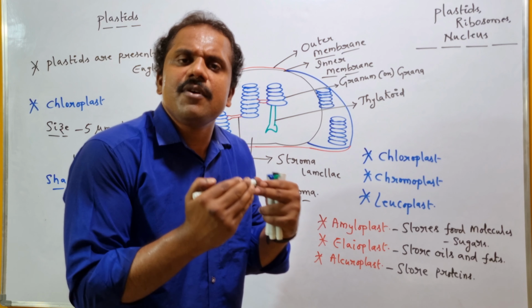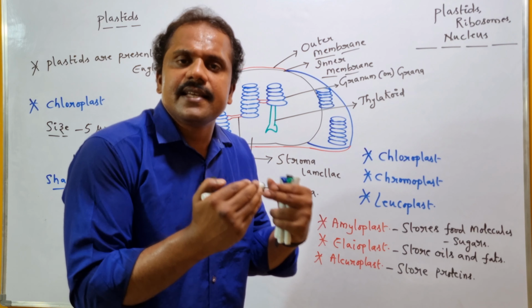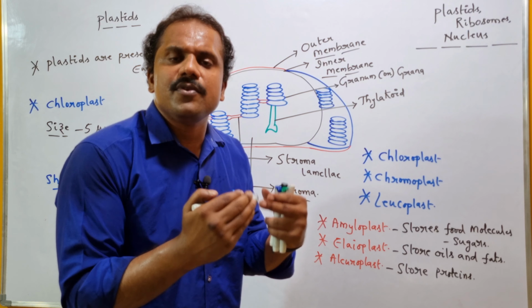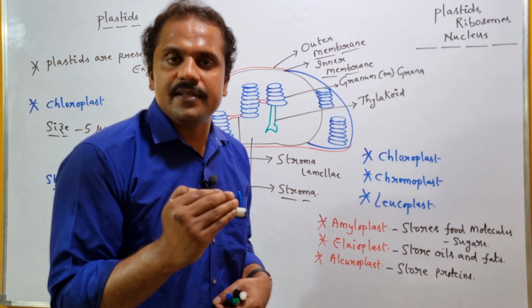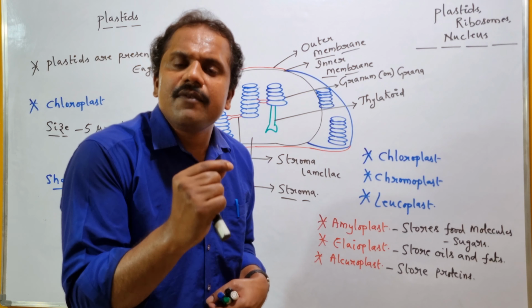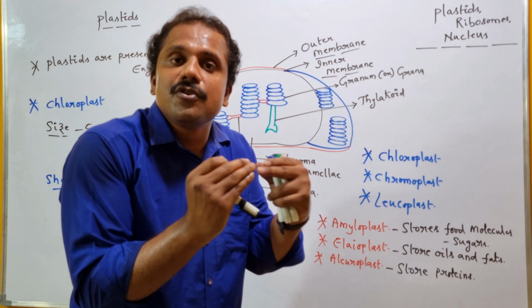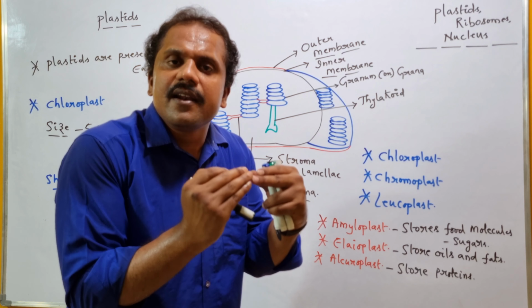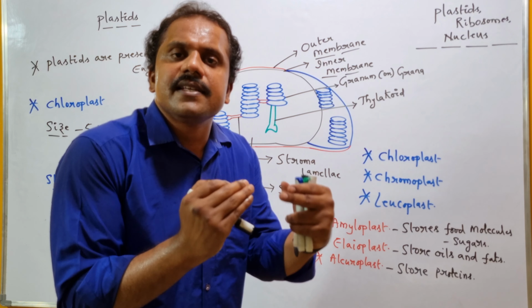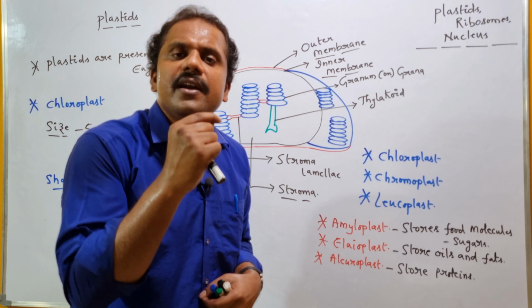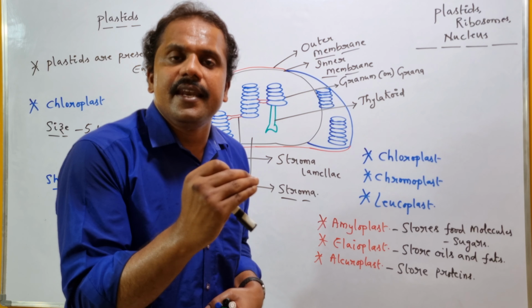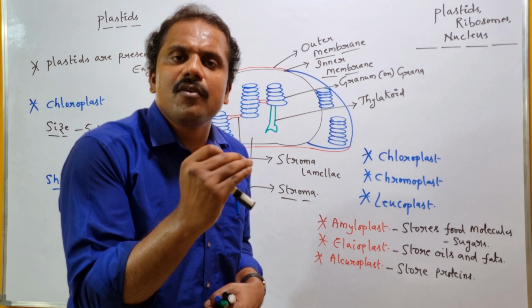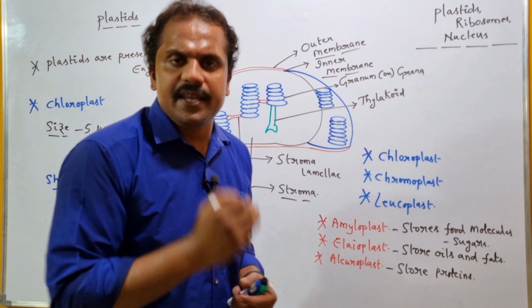Because of the presence of double-stranded circular DNA and 70S ribosomes, chloroplasts are capable of synthesizing their own proteins. That means without taking advantage of the nucleus, or without the supervision of the nucleus, chloroplasts can synthesize their own proteins, because they contain their own double-stranded circular DNA and their own 70S ribosomes.